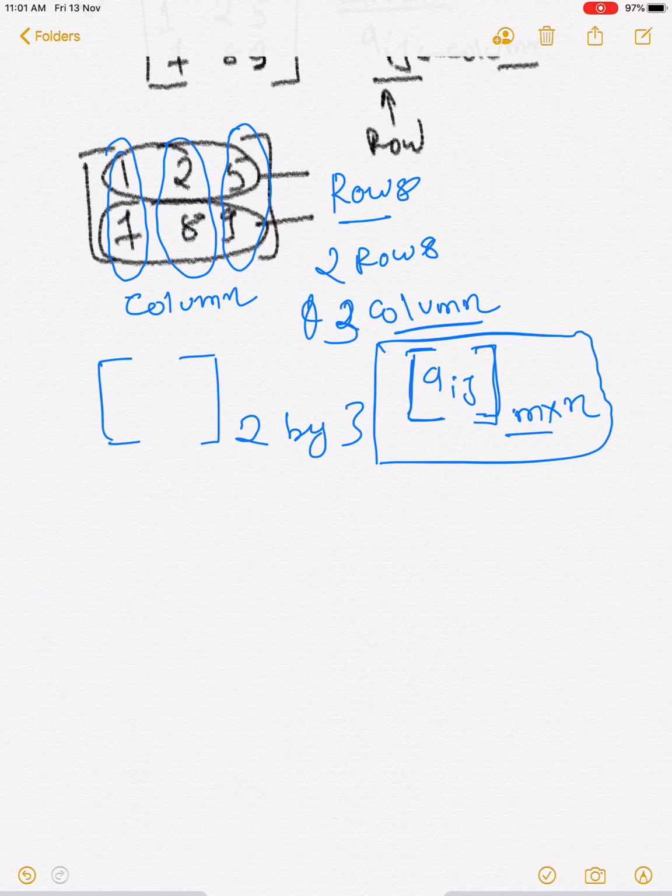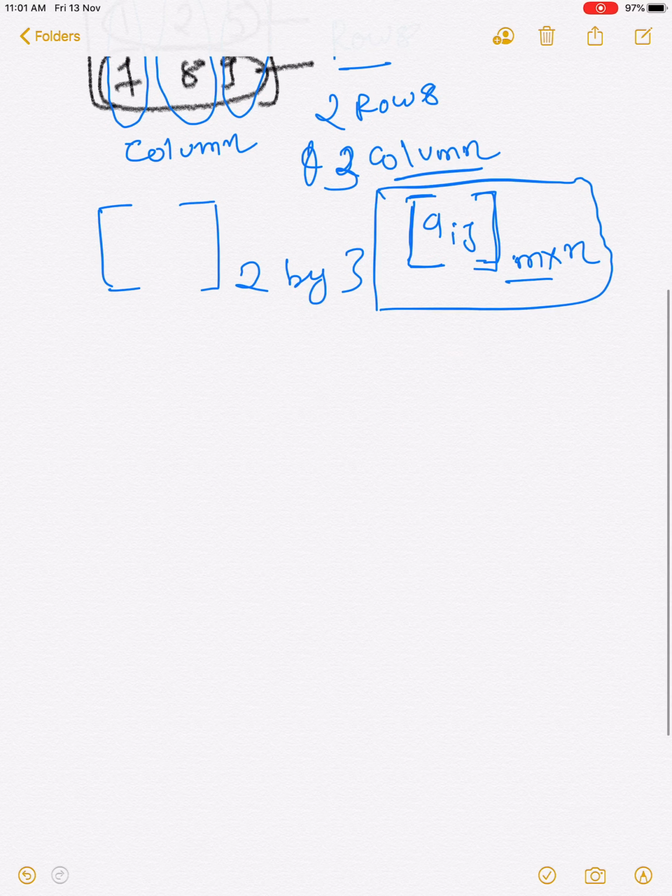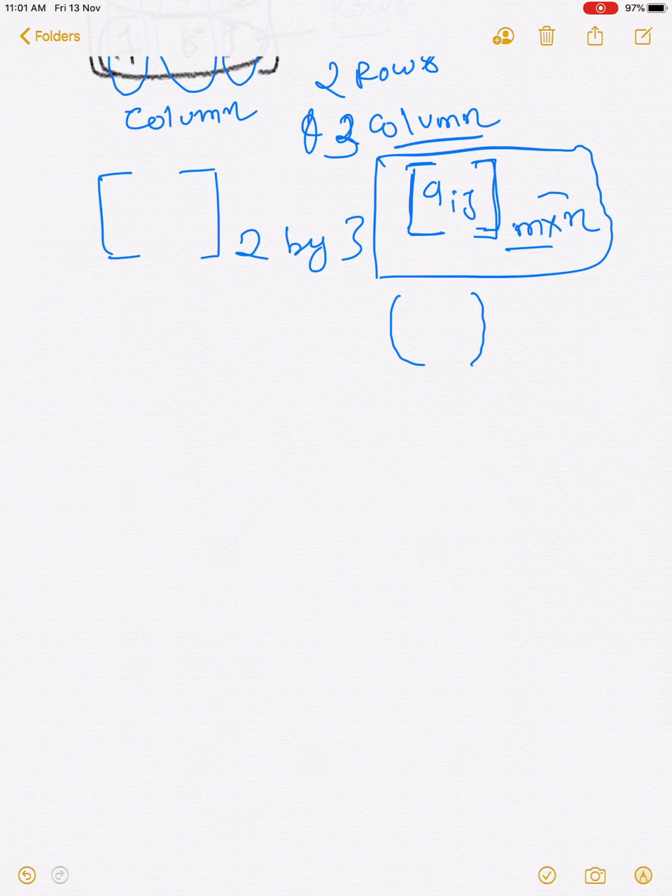You can say this is the main picture, the trailer or the poster of the matrix. Here aij means the element inside the bracket, and m by n denotes the order of the matrix. We always say m by n.